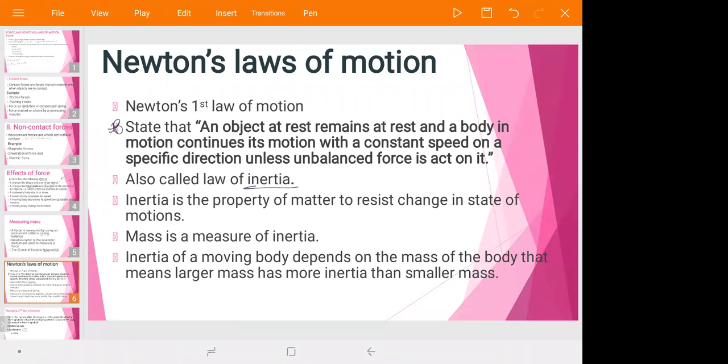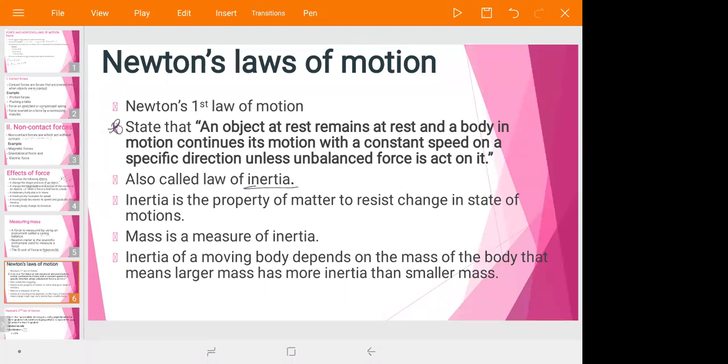Again, for example, if your car is at rest and you sit on the seat of your car, when you start your motion, is your body balance towards the back or towards the front?